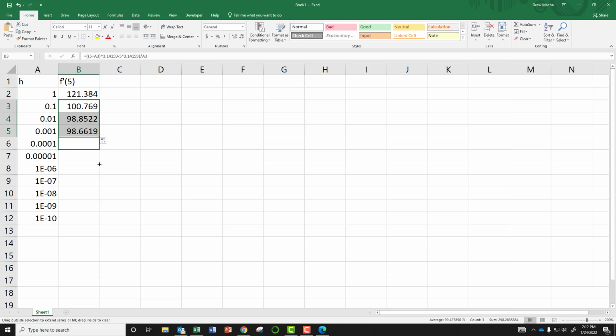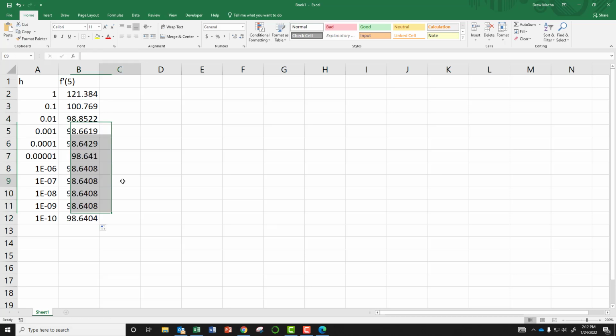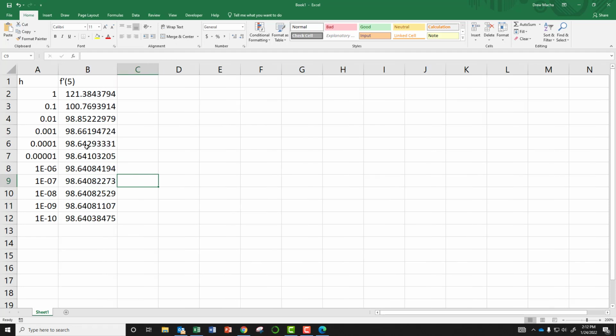With each successive row, I'm shrinking down the value of h. And what I want you to be able to see here is that whenever the value of h gets small enough, you can tell that the first 6 digits or so start to be the same thing.